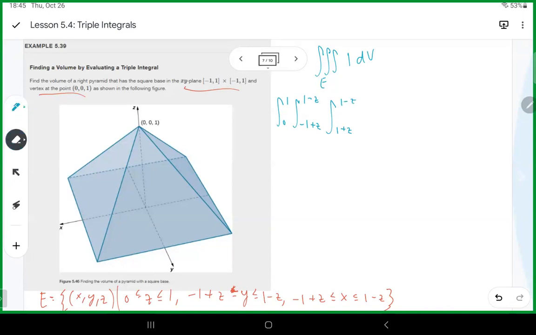That one doesn't match. Nope, it definitely has it written negative 1 plus z down here. All right, try it either way.